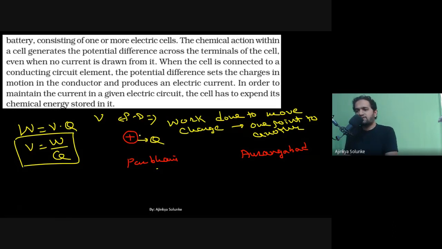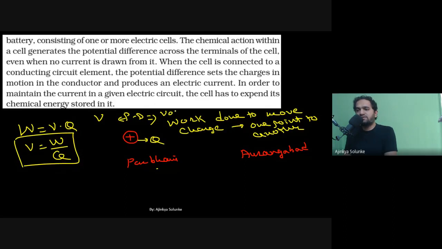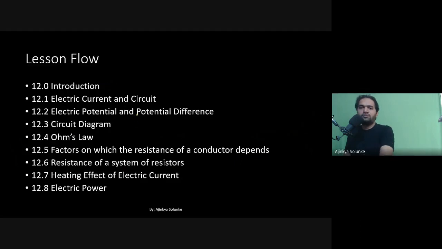If we move that charge from Parbhani to Aurangabad, that is said to be the potential difference. So V is equal to W by Q, and the unit for potential difference is volt. In short, if we are moving a charge from one place to another, whether it is a proton or an electron, it doesn't matter.